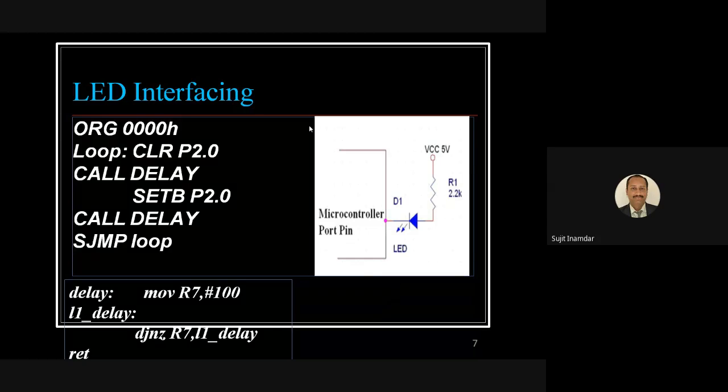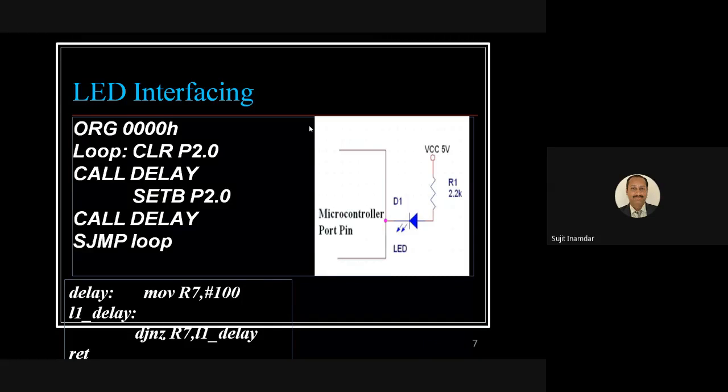As usual, it starts with ORG 00H. The next instruction written is CLR P2.0. P2.0 means they have used port number 2, and of that port, pin number 0.